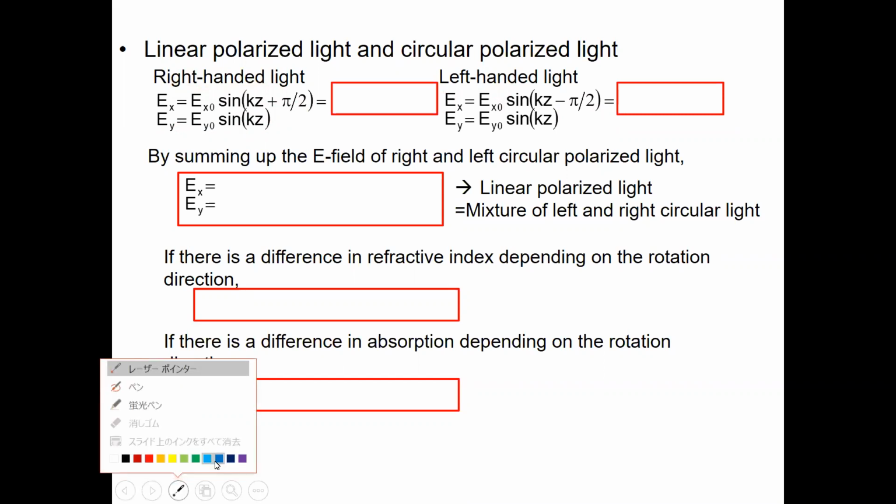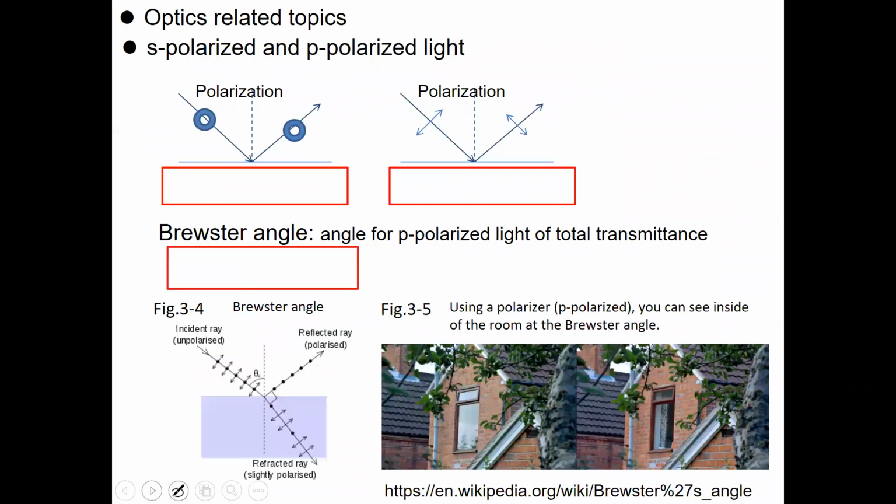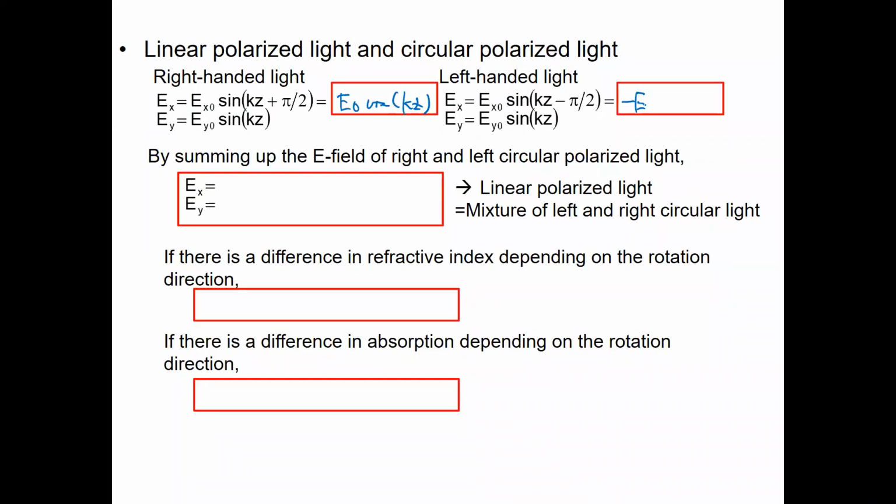Because as you can see, this one equals E0 cosine kz, and this one equals minus E0 cosine kz.